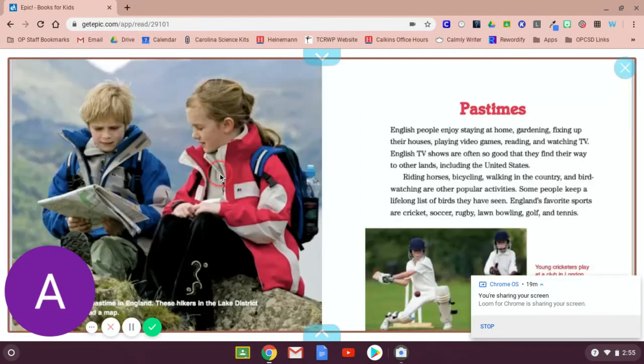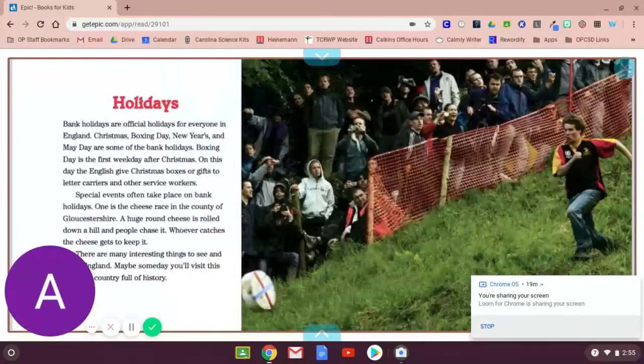This was all about the holidays. And now you can go ahead and fill in that part of your graphic organizer. All right, so I'm going to fill mine in too, and then we can compare after a couple seconds.